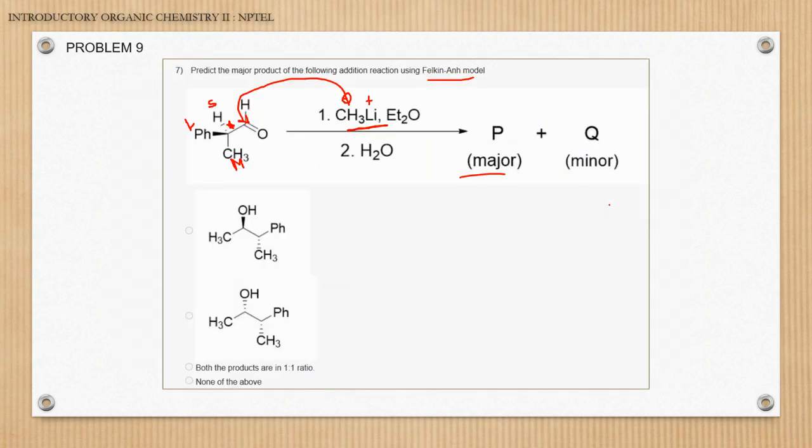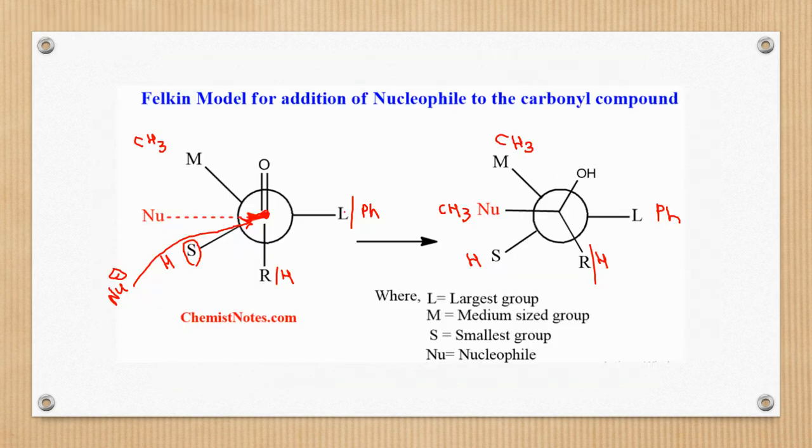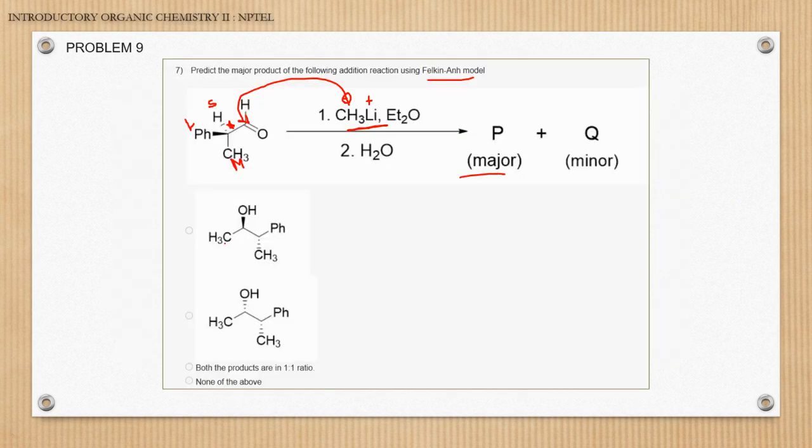Now you have to answer according to this stereochemistry using the wedge-dash model. You have already arrived at the particular configuration and now you have to draw the wedge-dash. For that, what you need to know is that methyl and phenyl are anti to each other. So you have to draw the Newman projection where phenyl and methyl are anti to each other, and then arrange the hydroxy and methyl.